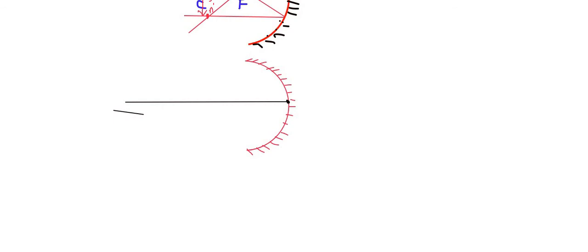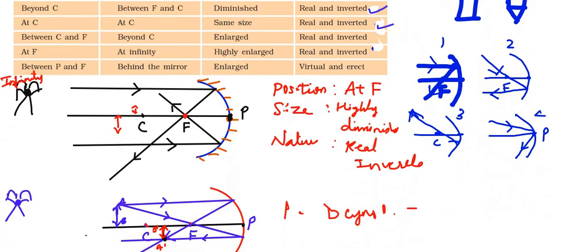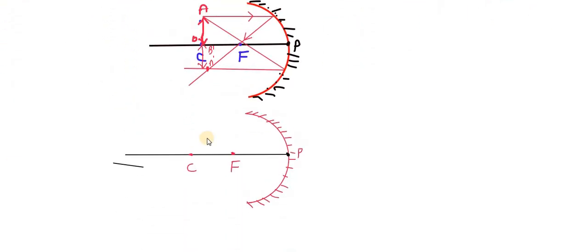Here this is P, the pole, this is F, the focus, and this is C. If you want to do it exactly, using the scale, you'll get the center of curvature and focal length properly, but we're not able to do all of that here. In the examination also there is no need to measure. Just remember this table, and according to that you can draw the positions. They only see the positions, they do not measure.